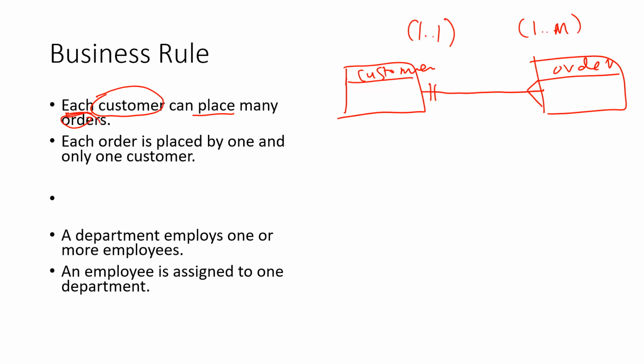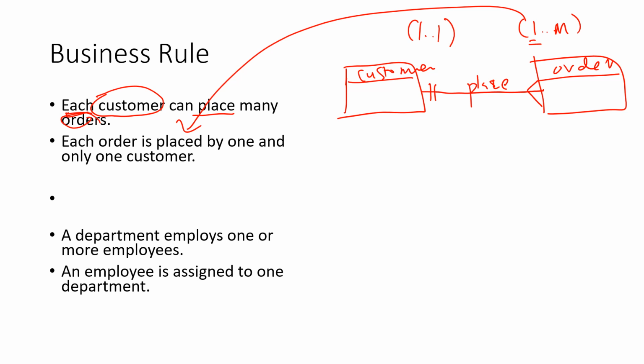From 1 to 1, minimum and maximum is 1. Minimum is 1 and maximum is many. So we need to read it from the minimal value. This is 1. Each order is placed by one and only one customer. So this is place.